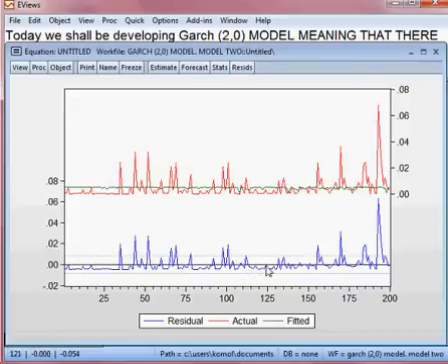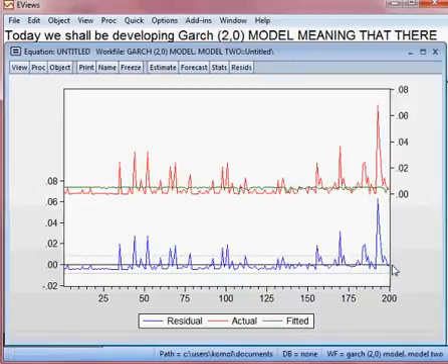Again, from here to here, a period of low volatility is followed by a period of low volatility for a prolonged period.